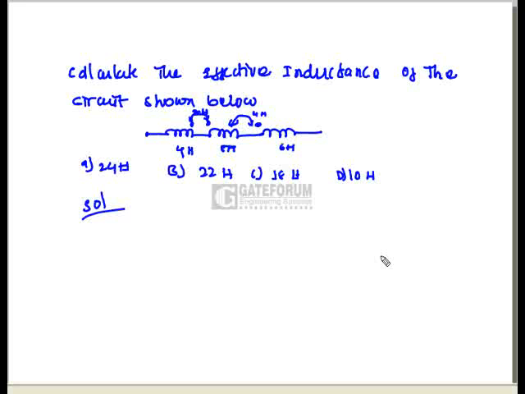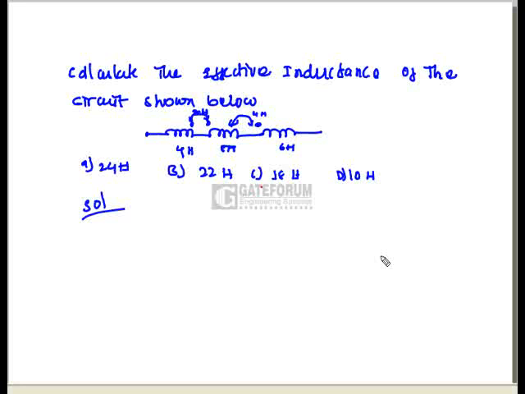And if you observe L2 and L3, L2 and L3 are mutually coupled, but there is no coupling between L1 and L3, and the mutual inductance between L2 and L3 is 4 Henry. Now if you observe here the dot, if you send a current of any ampere, the current will be entering into the dot for the second inductance, and similarly the current is entering into the dot for the third inductor.